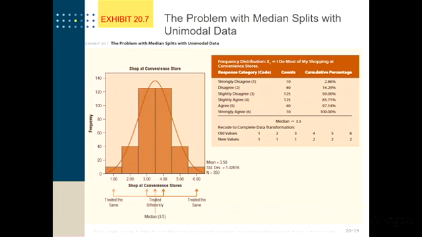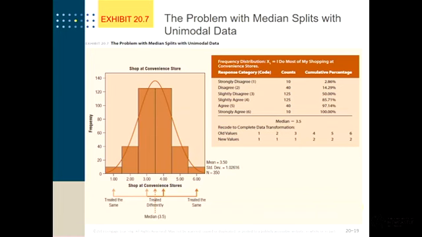So probably one way could be to add strongly disagree and disagree and simply say that's disagree, and combine slightly disagree and slightly agree and name it neutral, and add agree and strongly agree and term them just agree. That could be one compromise, because this median split is probably not a good strategy here.